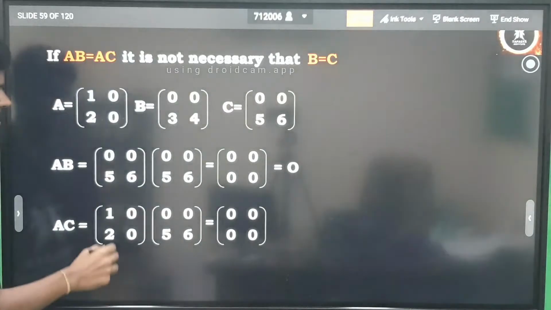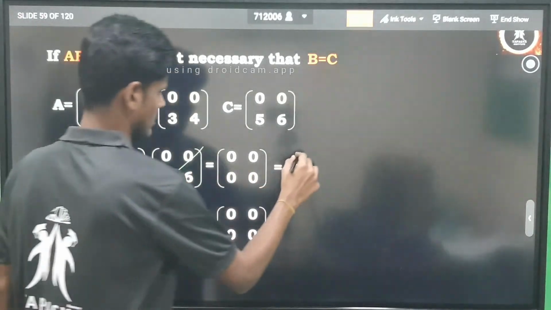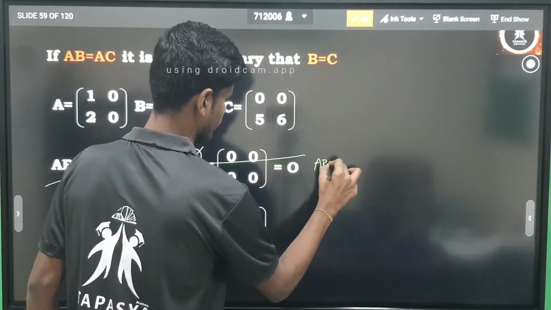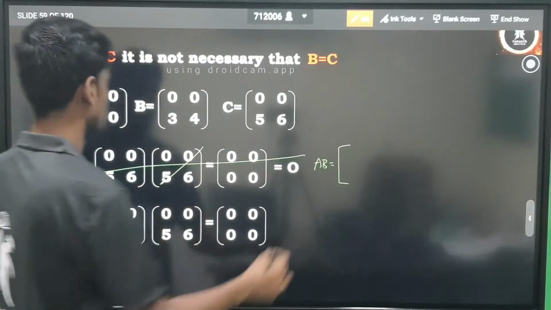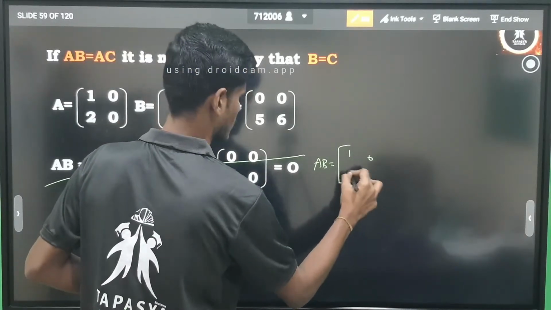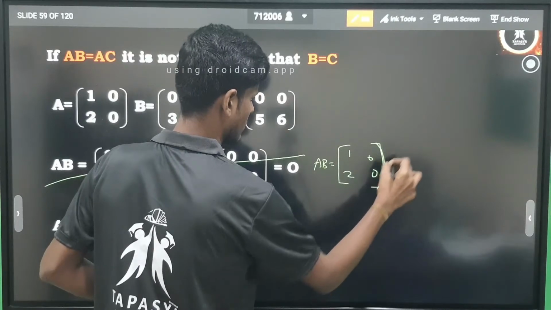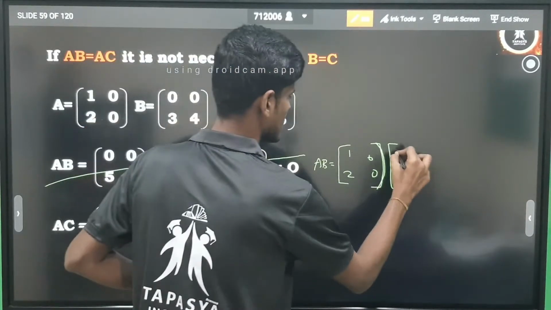What is AB matrix? AB matrix is 1 0 2 0 into B matrix is 0 0 3 4.